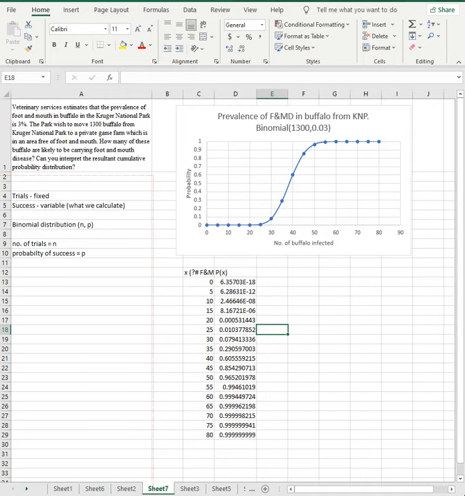So for example, what's the probability that the number of infected buffalo is between 40 and 50? You would just go the probability of this one minus the probability of that one. So like a 36% chance that the number of infected buffalo will be between 40 and 50. So that's the way you can calculate that.